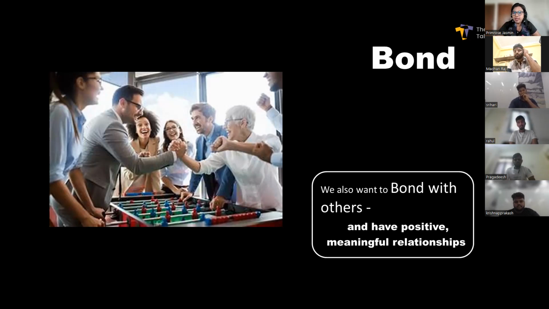If you don't have meaningful relationships, try to create such meaningful relationships at work. Because a survey says that human beings spend most of their lifetime in work and work related activities. So the majority of our lifetime goes in this, and it is essential that you create meaningful relationships at work.